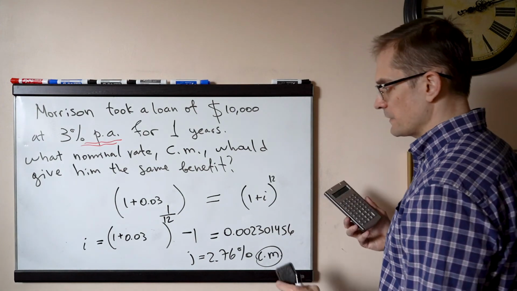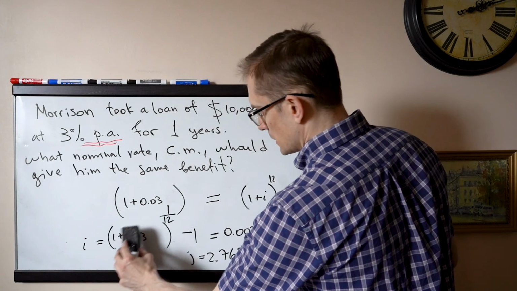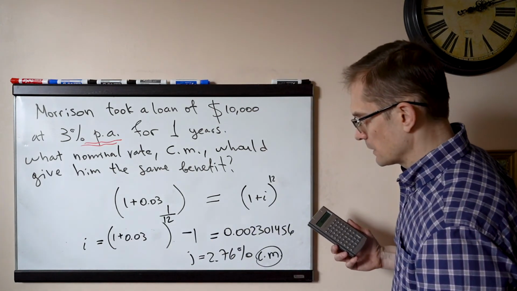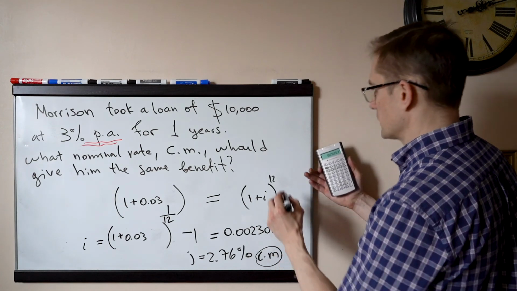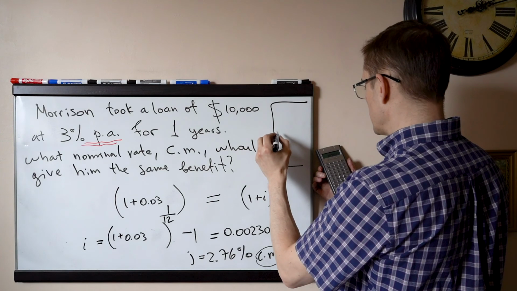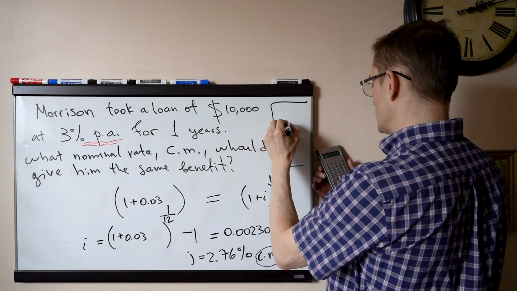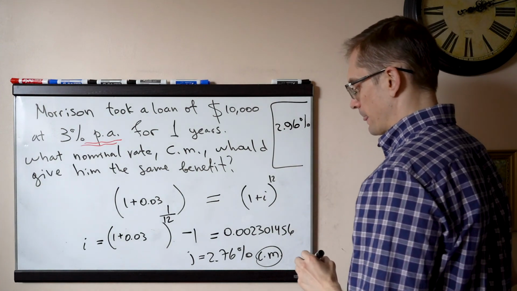Okay, so you will see that in this case, if you find J from this I, it will be different. It will be, I have to write it here, 2.96%, okay?